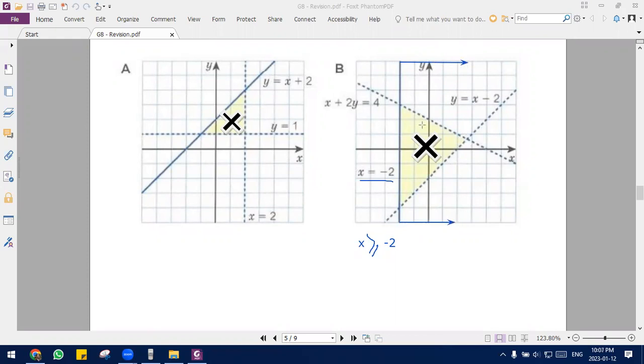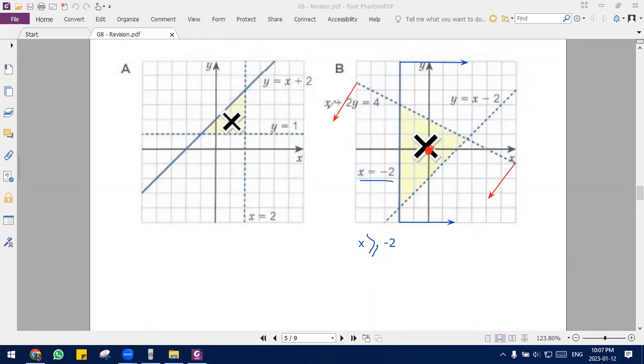Now let me pick another one. So for this line, the one that I am pointing the arrows at, we need it to go down because the region is here. Now we use the equation, and as we said before, we need to use one point that is from the region, and it's that point here. It's 0, 0 again. Why? Because it's very easy to substitute.